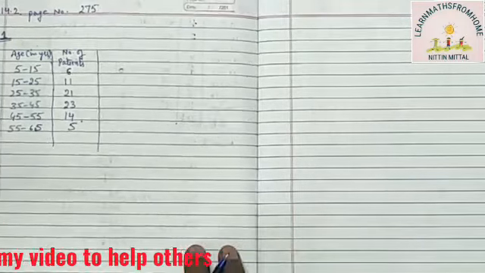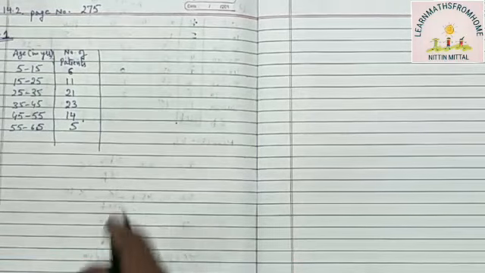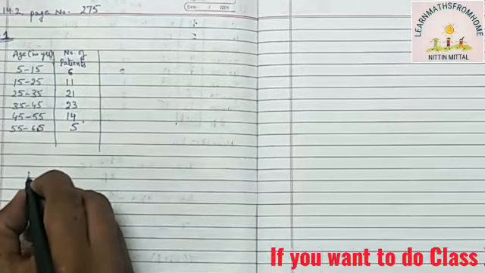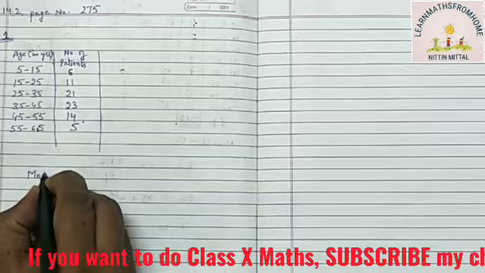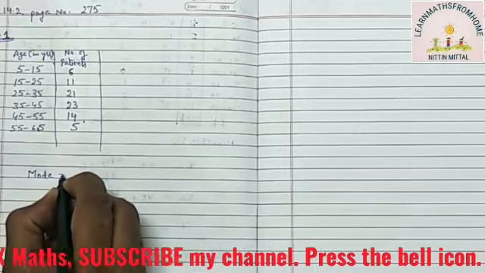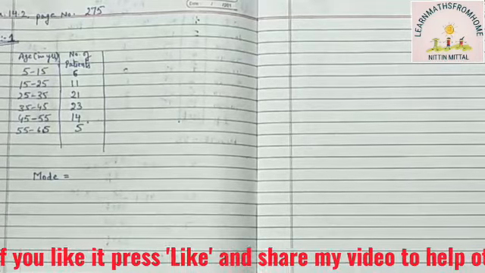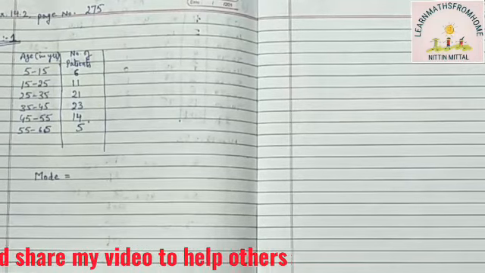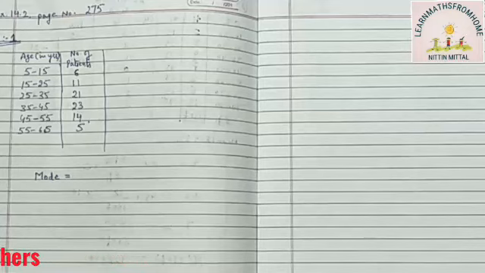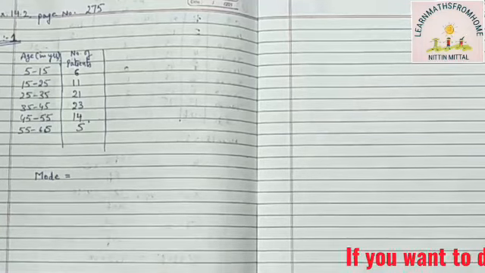Now in the case of mode, you are not supposed to calculate anything, like class marks or deviations or products, nothing. You just have to apply the formula. Now what is the formula of mode?